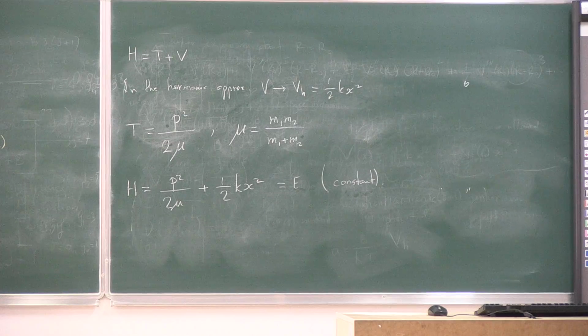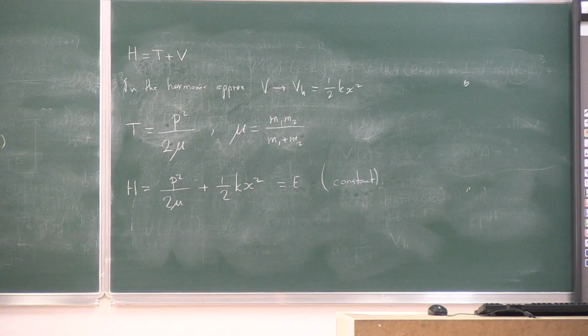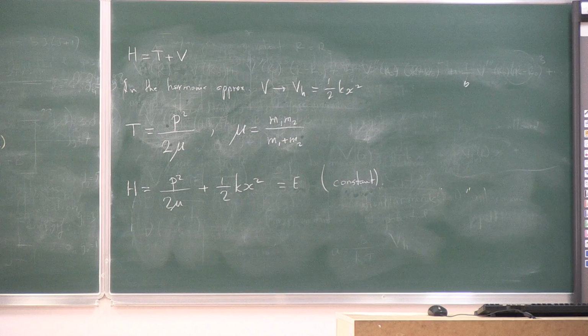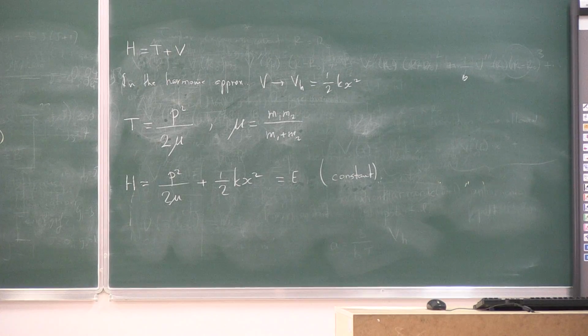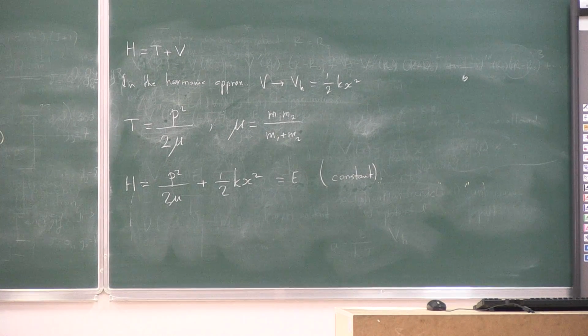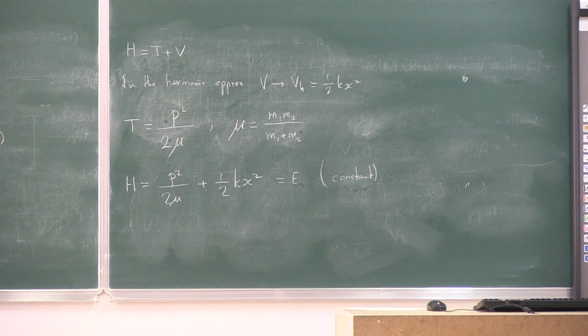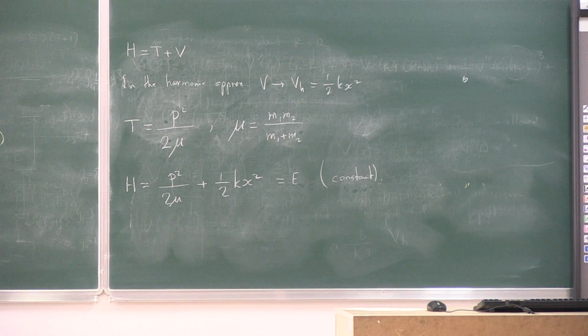This corresponds to x equals 0, this point. This is VH, which is 1 over 2 k times x squared. Now, take an energy value, say this value. This is the total energy, which is given by that expression.